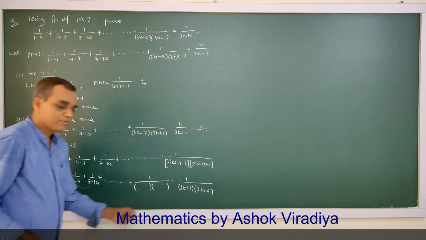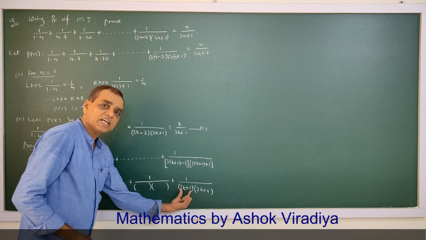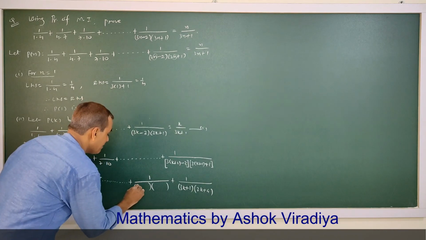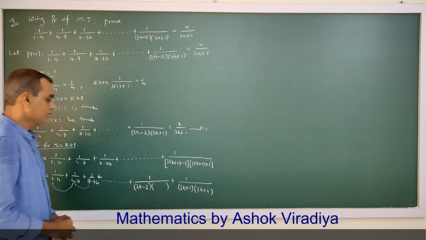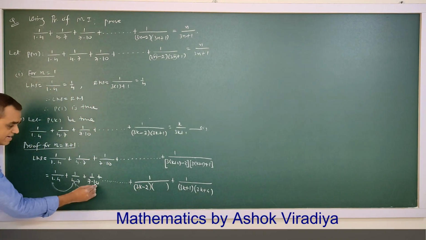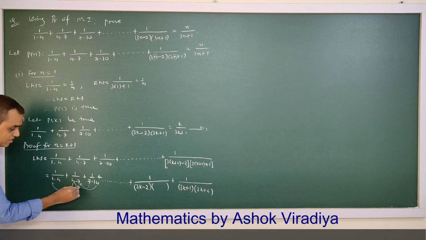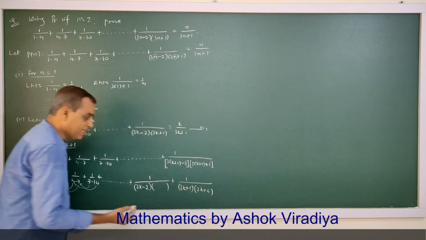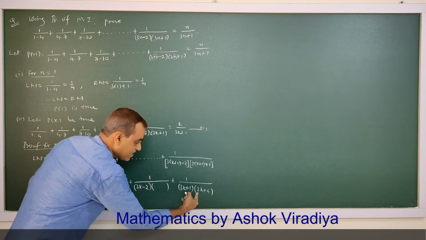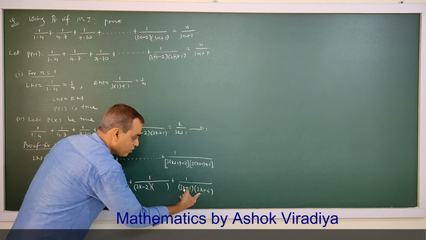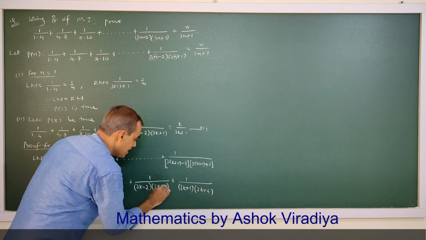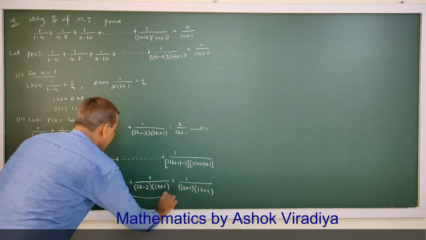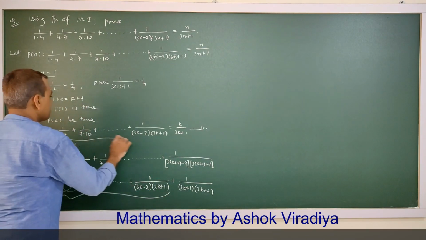So we have to subtract 3. 3k plus 1 minus 3, so it will be 3k minus 2. Then look here, 10 minus 3, 7; 7 minus 3, 4. So a difference of 3 units. Similarly in the second value, subtract 3, and this will be 3k plus 1. And we are getting the same number which is here.